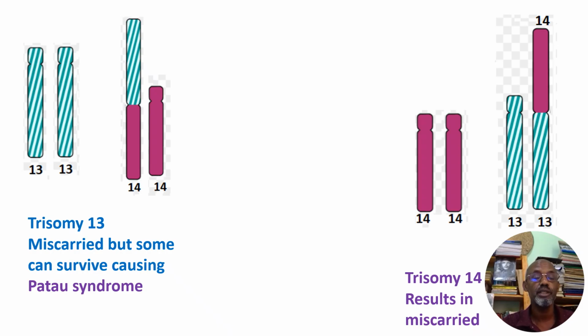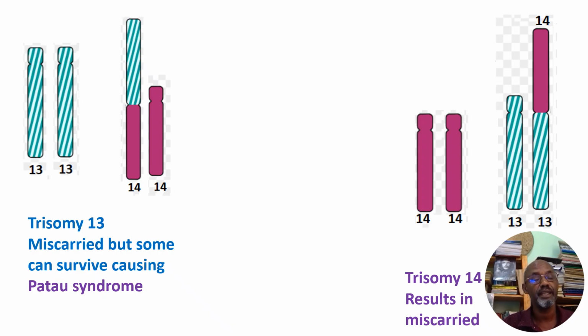This is considered as one extra chromosome number 13. This one is considered a full chromosome because it is the longer portion, the Q arm. Therefore, you consider this case trisomy 13. That means chromosome number 13 is found in 3 copies.